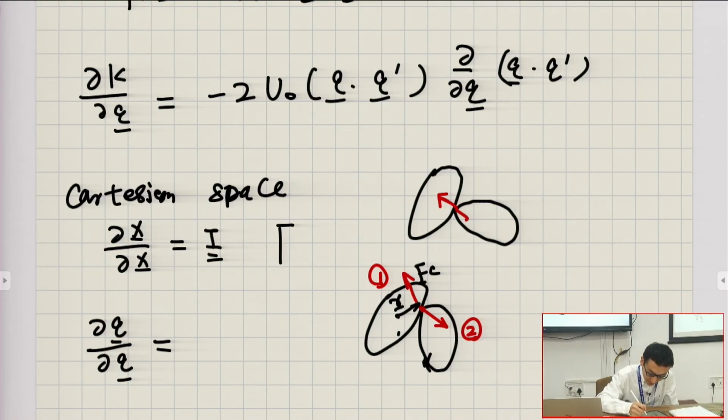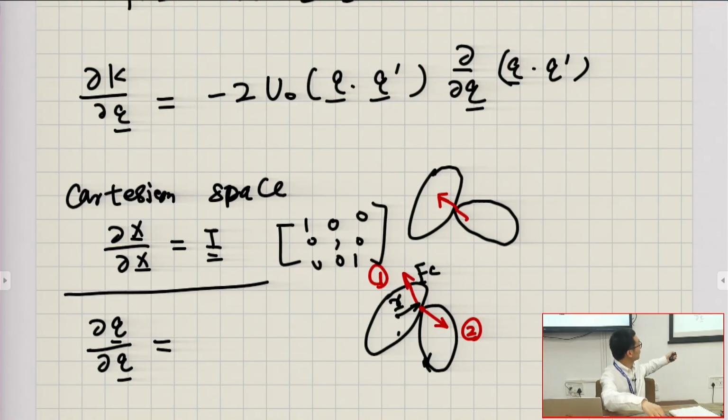Identity means 1, 0, 0, 0, 1, 0, things like that in 3D. So we're just taking the gradient of space itself, it's the identity in Cartesian space. It's not the case here, because Q is on the unit sphere. So it's a curved surface.